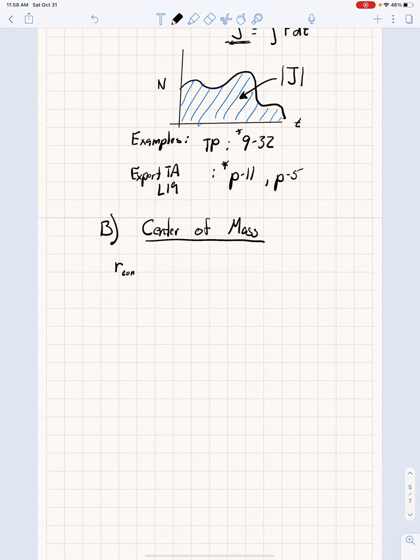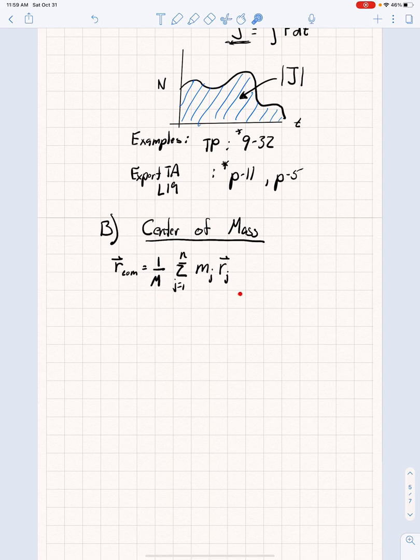Now, on our PRC, we have two equations for our center of mass. And the first one is that the center of mass is equal to 1 divided by the total mass of my system multiplied by the summation over every piece, every particle in my system.